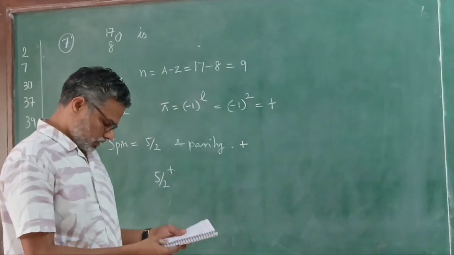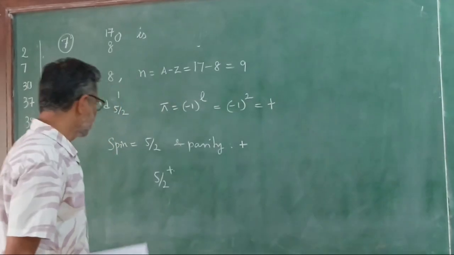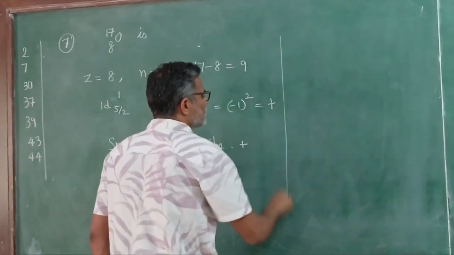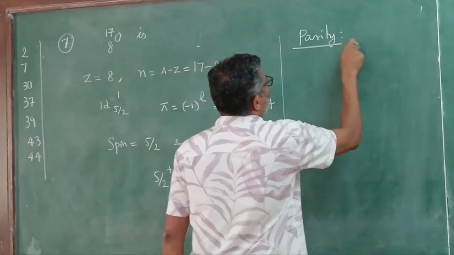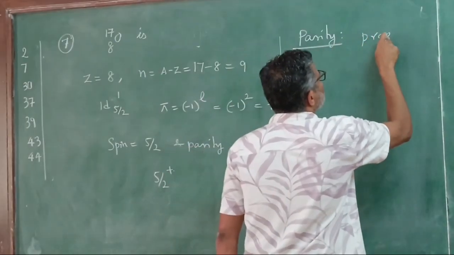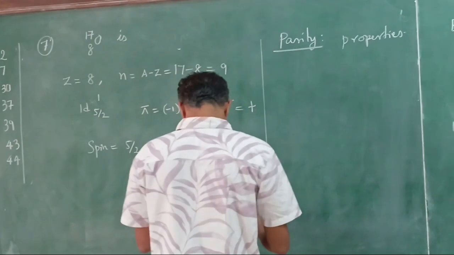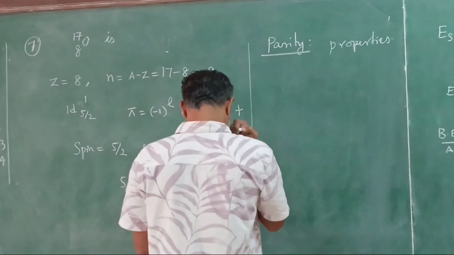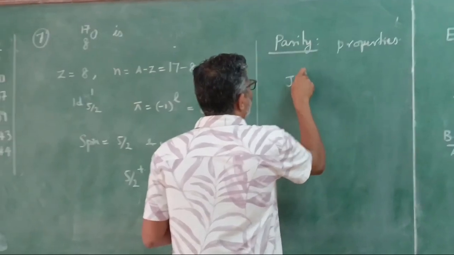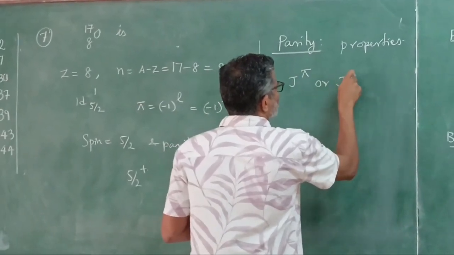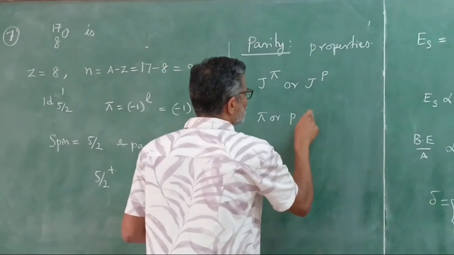Let's understand the parity. From the viewpoint of parity, you need to know the properties. The property is J to the power of pi, or J to the power of P, where pi or P is known as parity.